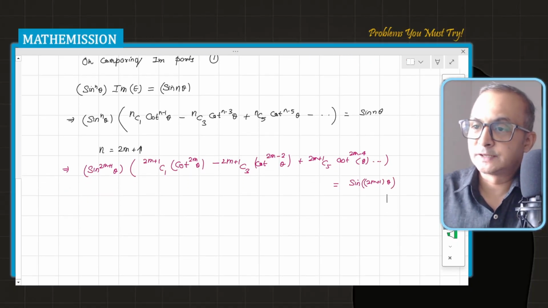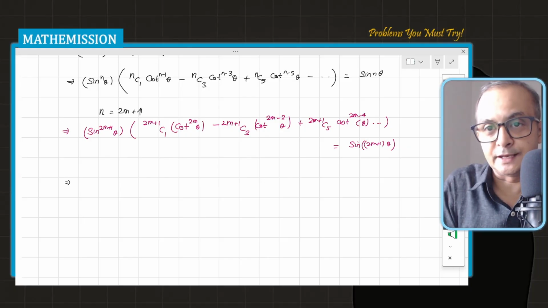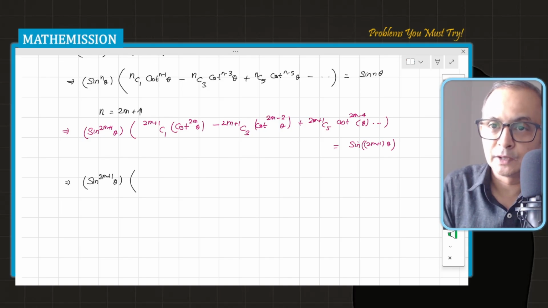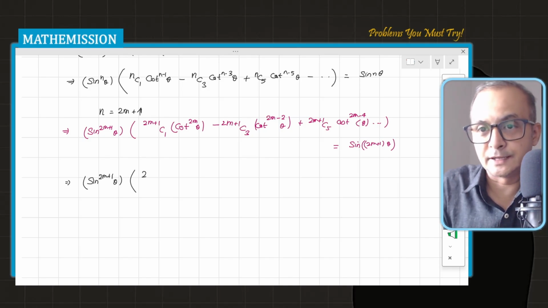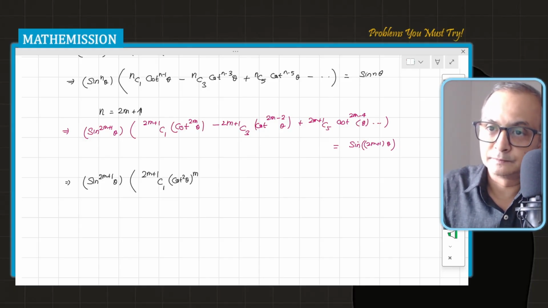Now observe this very carefully. The left hand side is sine to the power 2m plus 1 theta as it is, no problem. But this bracket is telling a wonderful story here. 2m plus 1 c1, and this is going to be cot square theta to the power m.